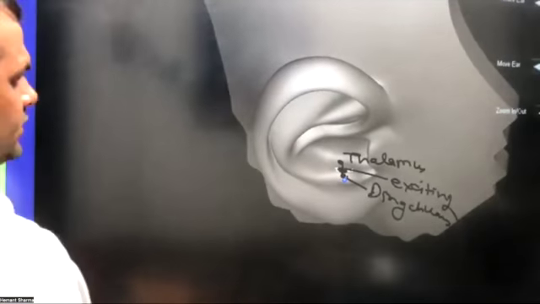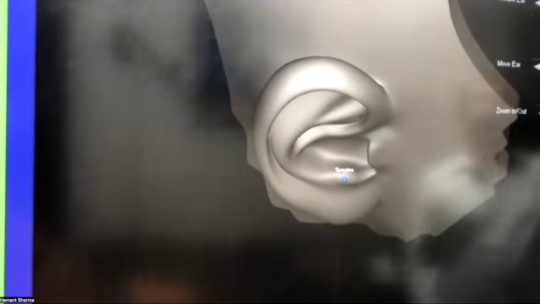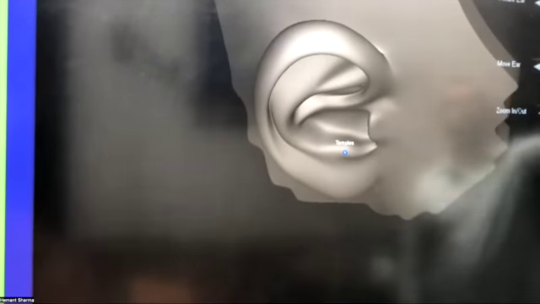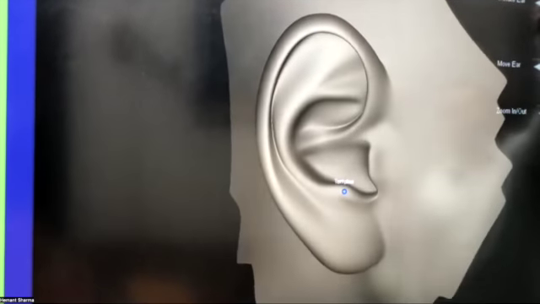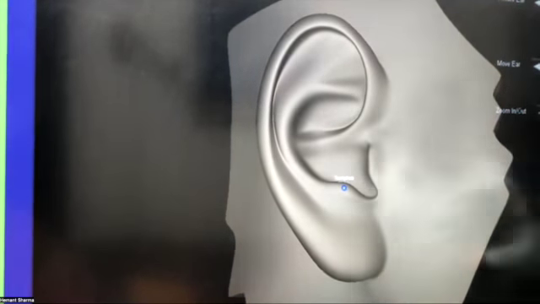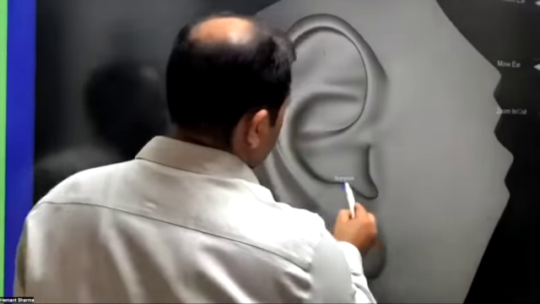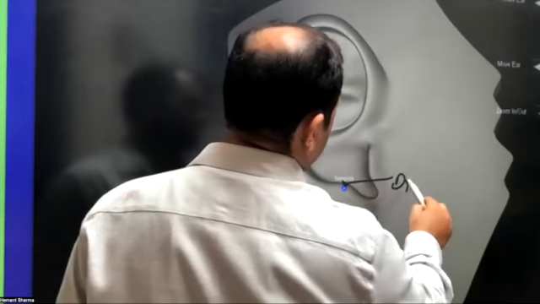Exciting point is right after Ding Chuan. So the exciting point, the tip of the antitragus is Ding Chuan.